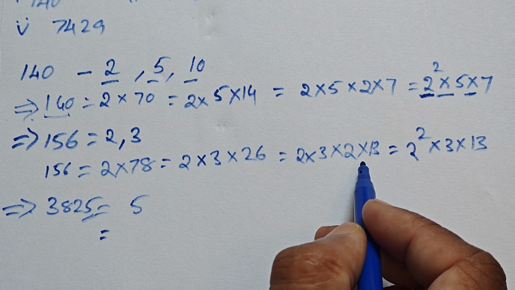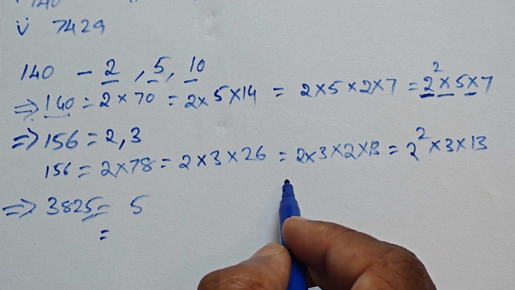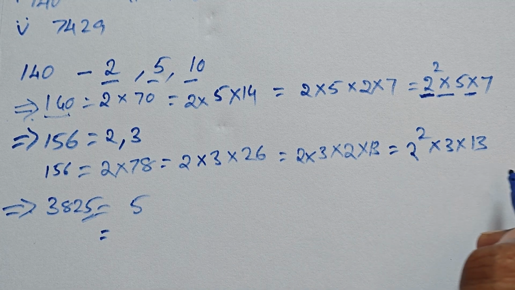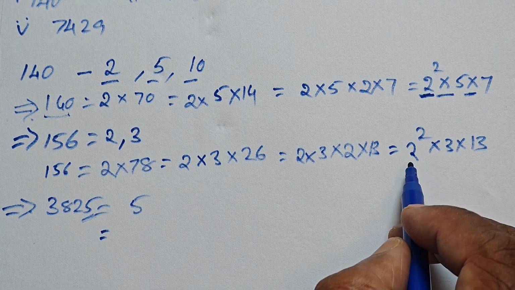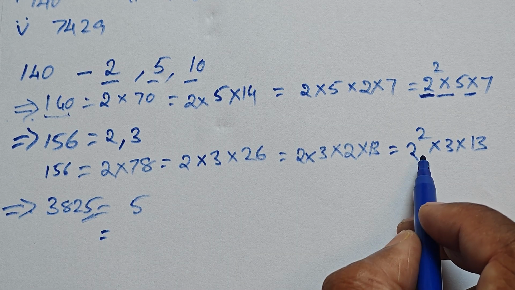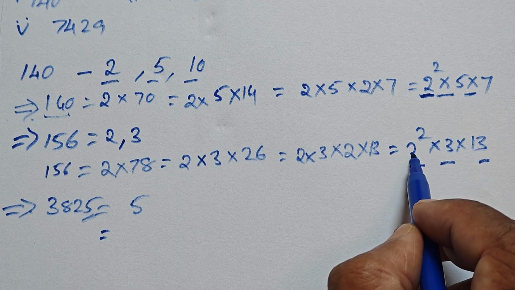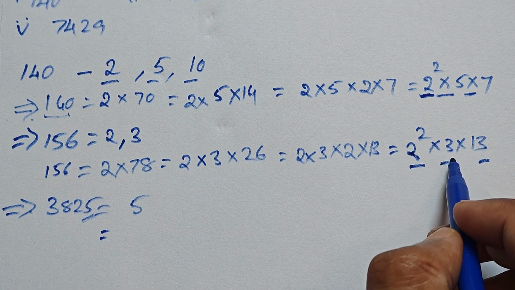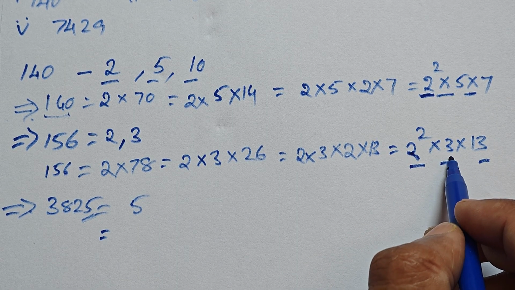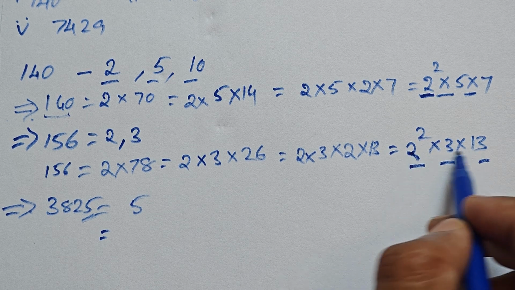Irrespective of the order, you get the same factors when you combine them, and when written in short format as powers, you get the same thing. Here I have written in ascending order: 2 is the smallest possible number, then 3 is the next smallest, then 13. These are the only factors.